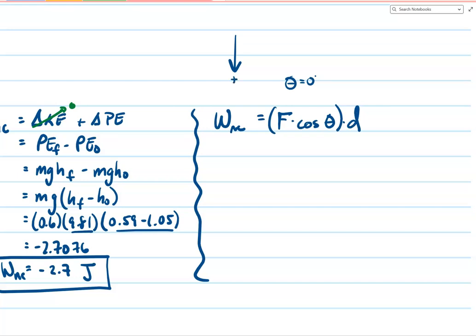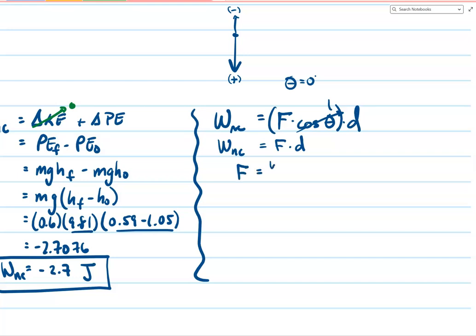So this is our now forward direction, and then the bounce or the rebound we can consider our backwards or negative direction. So here we go. The non-conservative, we're just trying to solve for f, and cosine of theta ends up being 1. So we're now taking note that the work done by the non-conservative force is equal to force times distance. We're trying to solve for f.